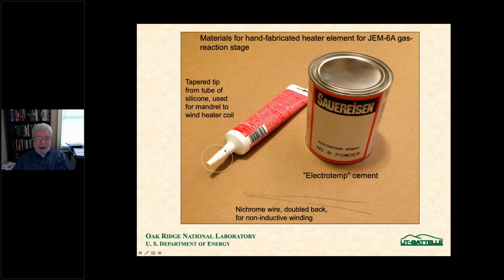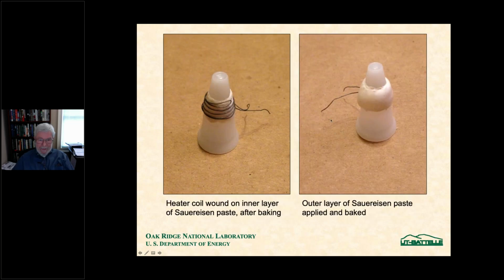I didn't need it, but I needed this tip here, because this tip of the silicone rubber was perfect for winding a nichrome wire, double back for non-induction. So I could mix up some of this Sauereisen cement, put it on this tip, wind the wire around, and then coat it with Sauereisen.